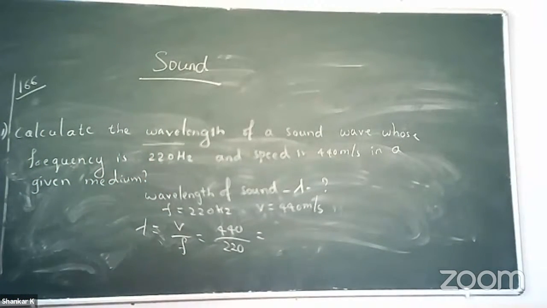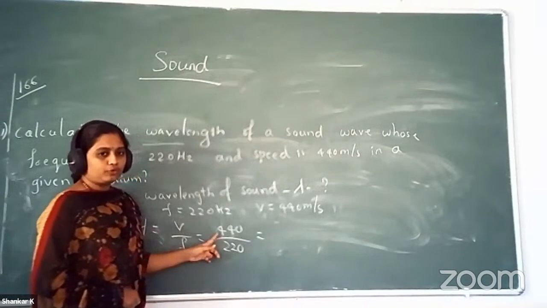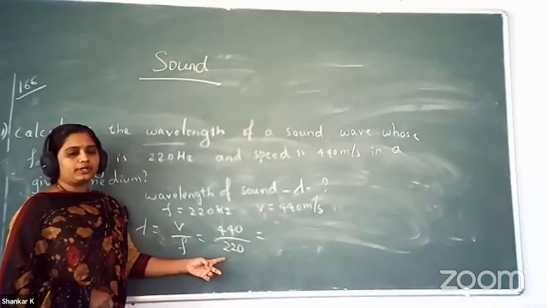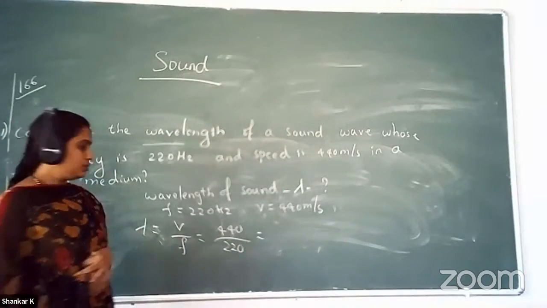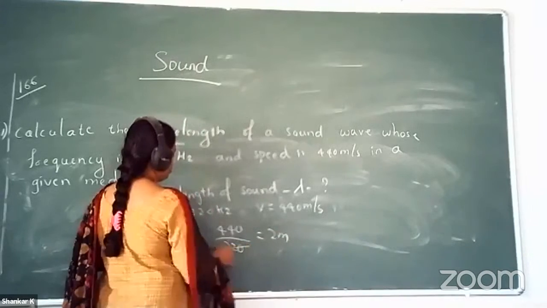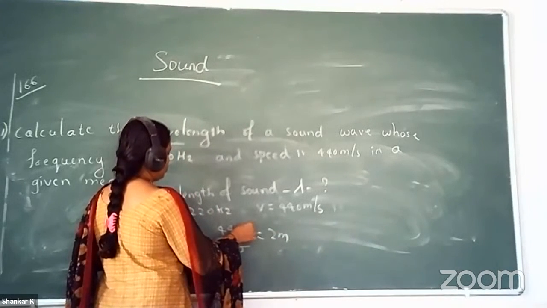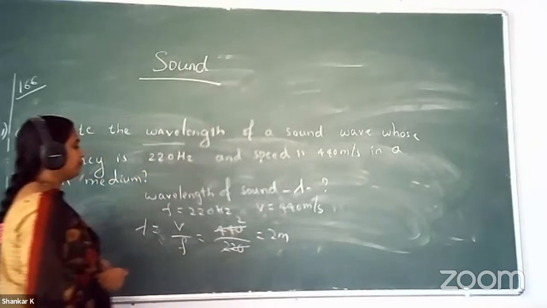So 440 divided by 220. What does it become? 2 meters. 2 times 22 is 44, so it is 2 meters.